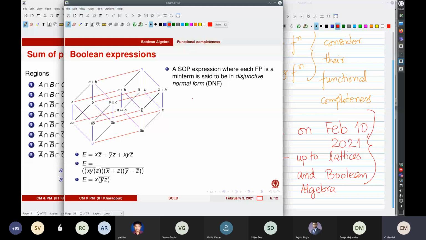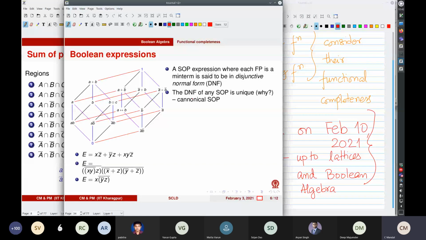A sum of products expression, where each product is a min term, is called a disjunctive normal form. It's also called a canonical sum of products.